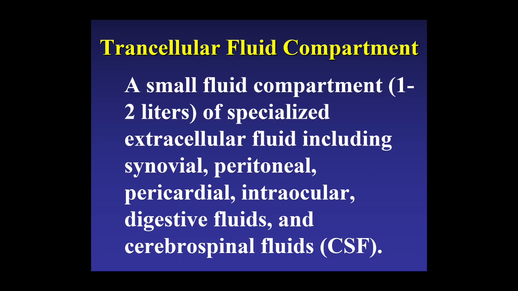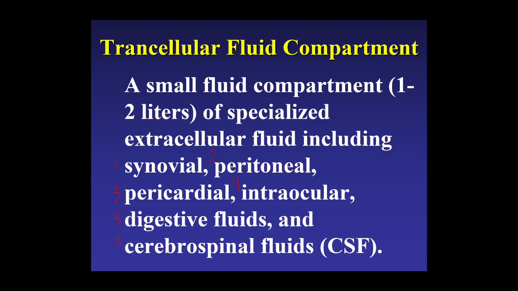What are the components of this transcellular fluid compartment? These are the synovial fluid, the fluid in the joints, the peritoneal fluid, pericardial fluid, intraocular fluid in your eyes, as well as digestive fluid and the cerebrospinal fluid. So this whole thing is about 1 to 2 liters. It is a little bit separate, but it is almost a part of the extracellular fluid.